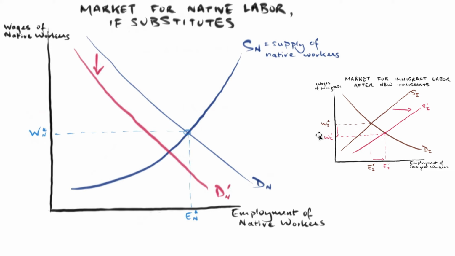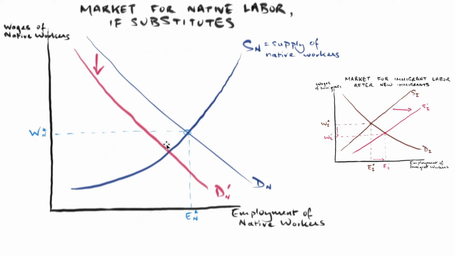Remember, that's what substitutes are like. If the two types of workers are substitutes, then when immigrant labor becomes cheaper, employers hire more immigrant workers, and that reduces their demand for native workers.